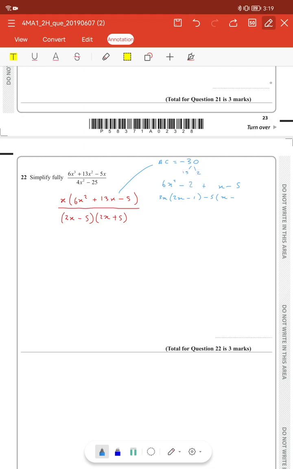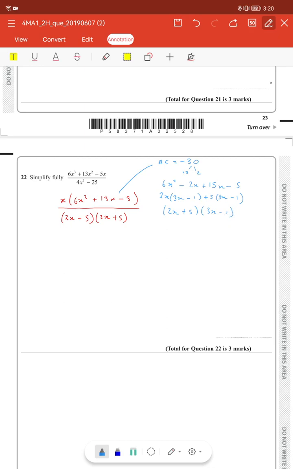So that would change our numbers slightly. So here we'd be left with 2x, and here we'd have 3x minus 1. And here, if we have 3x minus 1 in here, we can take out a factor of plus 5. So our two brackets would be 2x plus 5 and 3x minus 1.